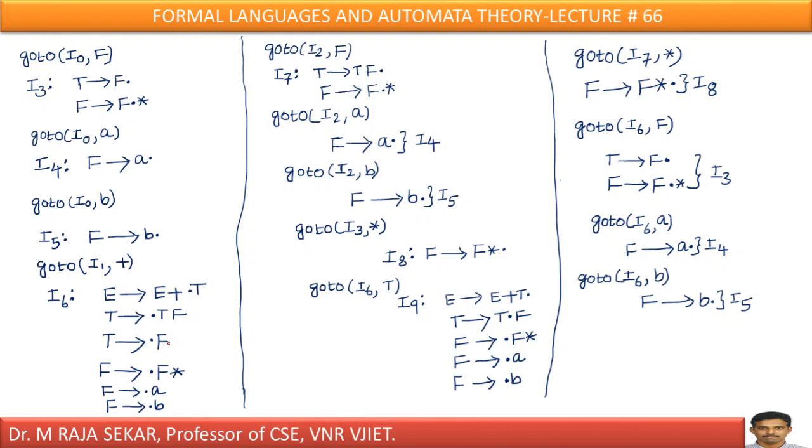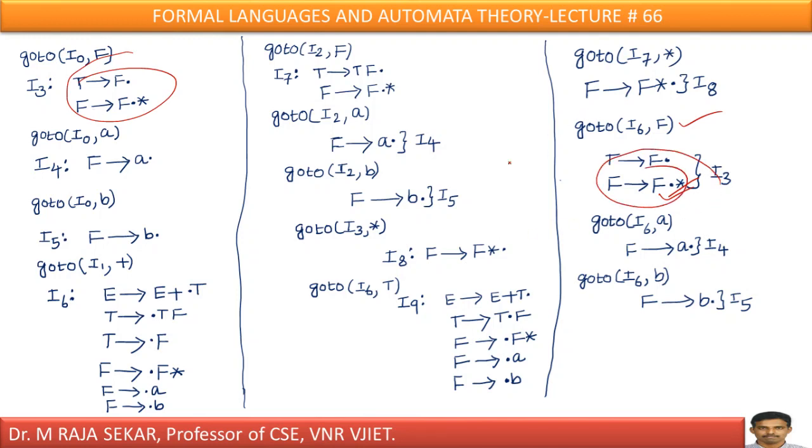T goes to F dot, isn't it? I6 comma F means T goes to F dot, and I must move this dot to the right-hand side. F goes to F dot star. Just see, F goes to F dot star. This is already in I3. Just check it out, the same I3 we are getting here.